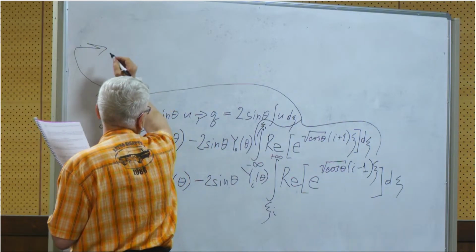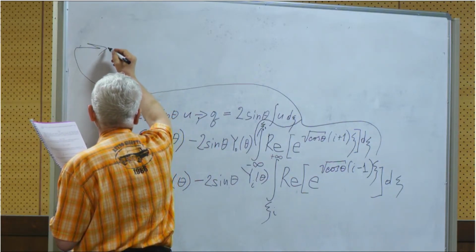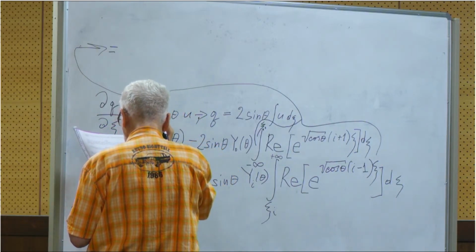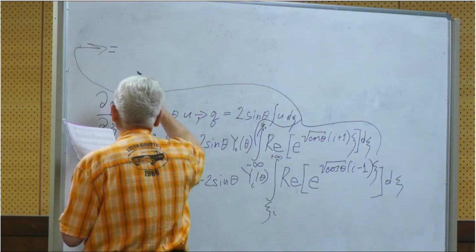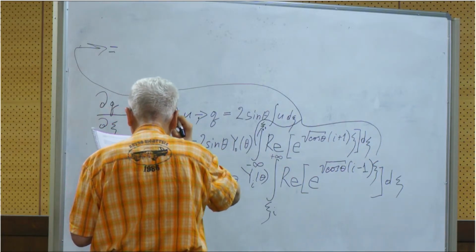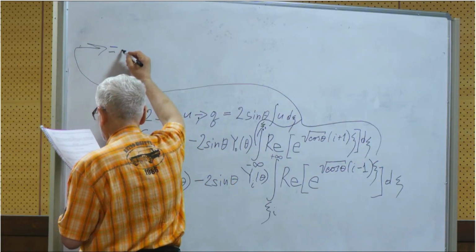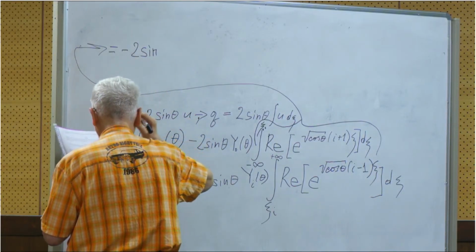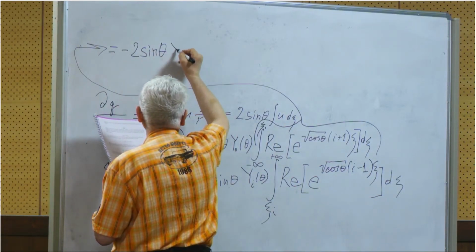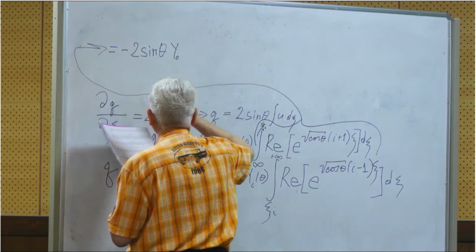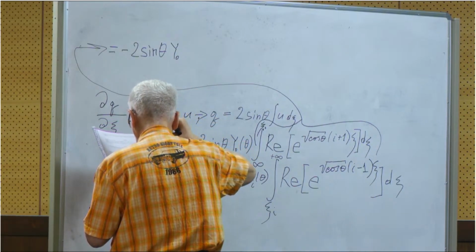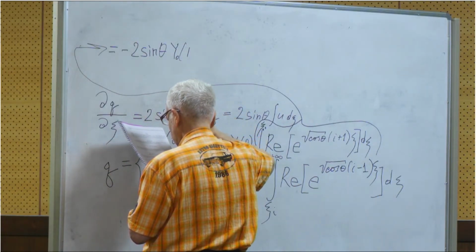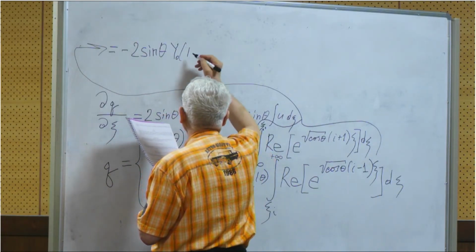So we see that this integral is finally equal to, of course, the same multiplier, minus 2 sine theta and the function y0 from theta again.